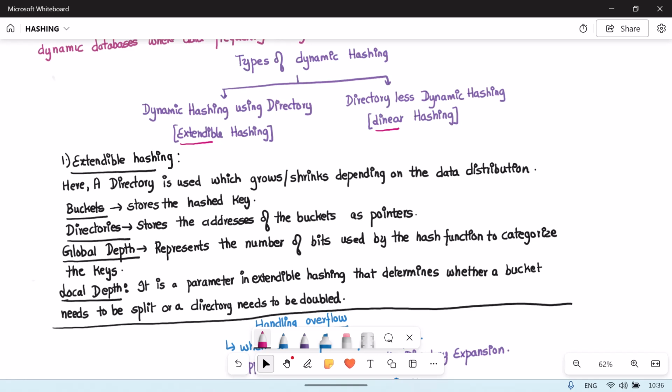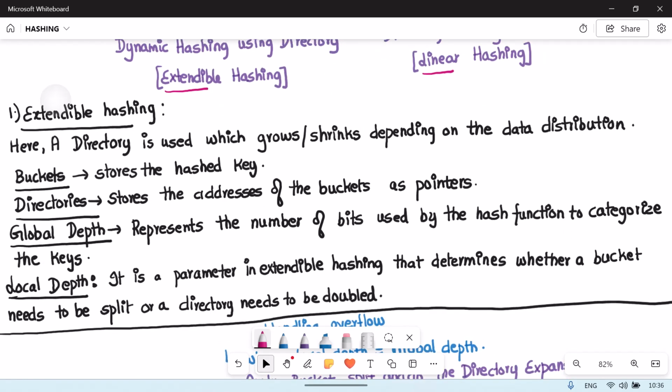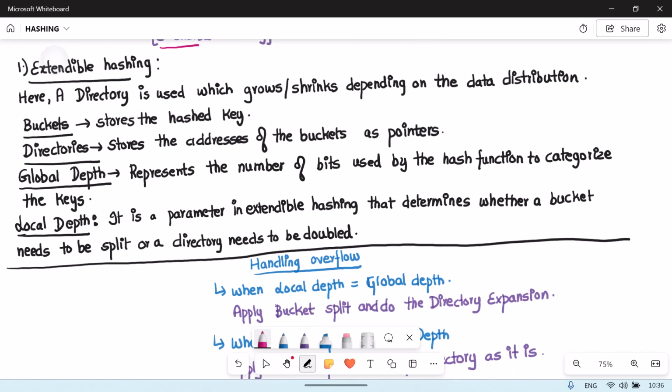And let us look at extendable hashing. In extendable hashing, a directory is used which grows or shrinks depending upon the data distribution. So based on the data, the hash table size will increase or decrease.